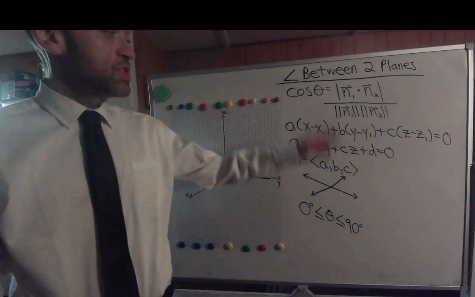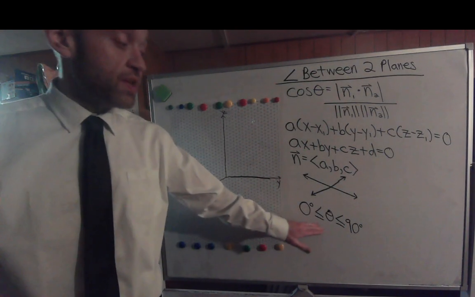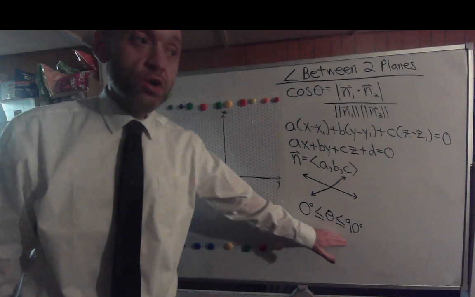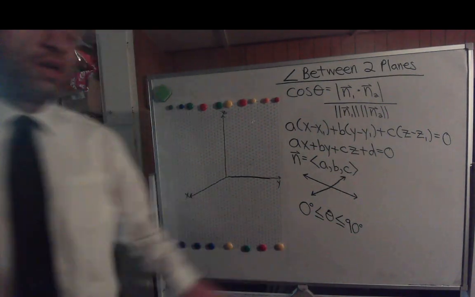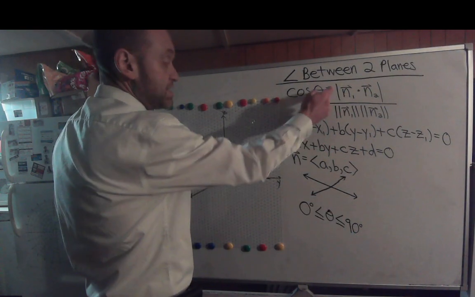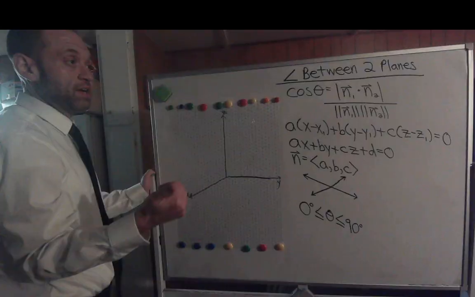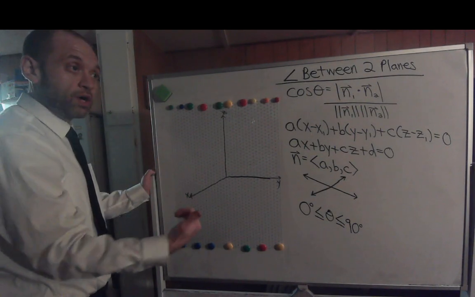So that's why we take the absolute value of the dot product, and theta is going to be between 0 and 90 inclusive. So notice, of course, you'll end up getting positive values to the right of the equation for cosine of theta, which means that'll put you in the first quadrant.